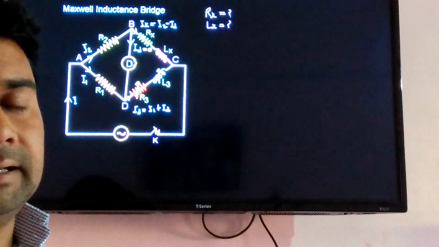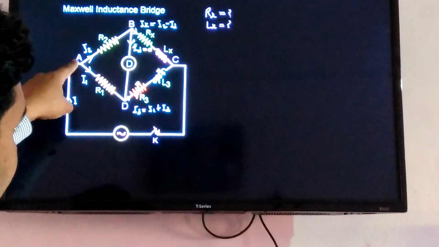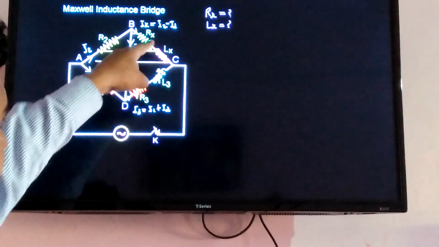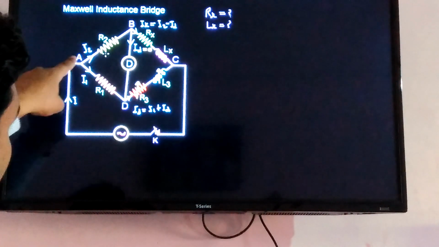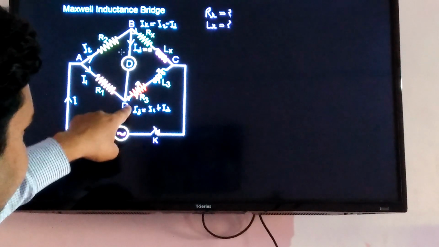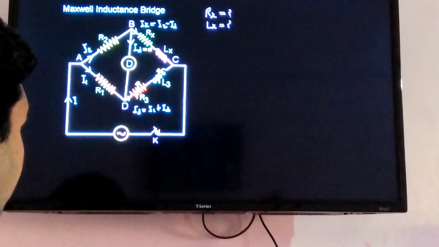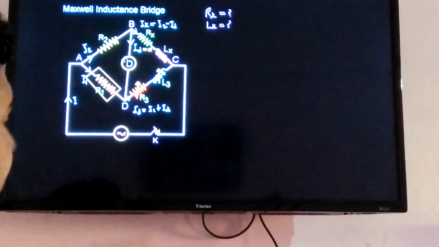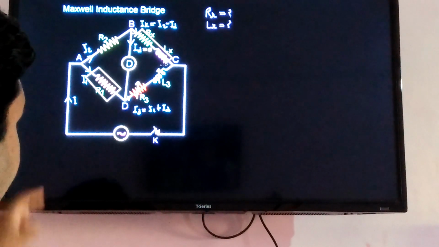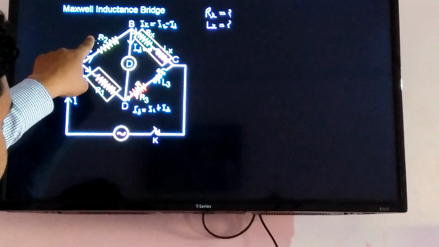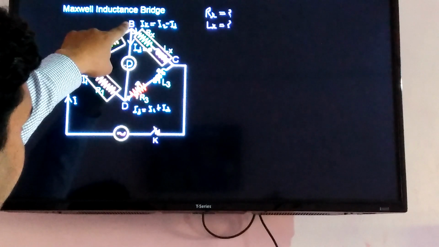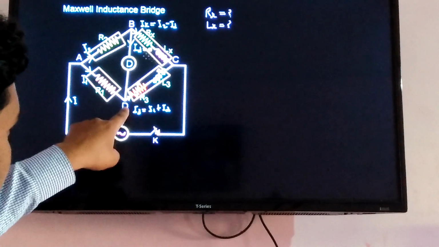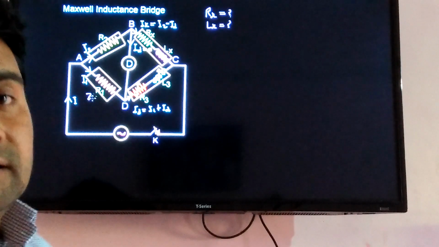By this balanced condition, the impedance across A to D multiplied by the impedance across B to C is equal to the impedance of A to B multiplied by the impedance of D to C. By giving names to the impedances: A to D is Z1, A to B is Z2, B to C is ZX, and C to D is Z3.